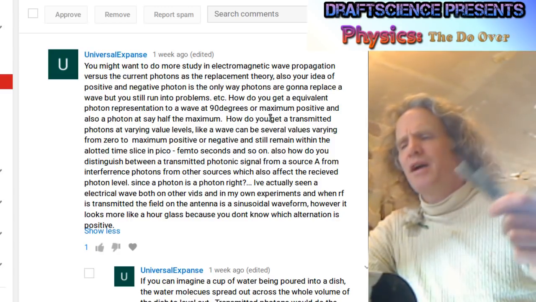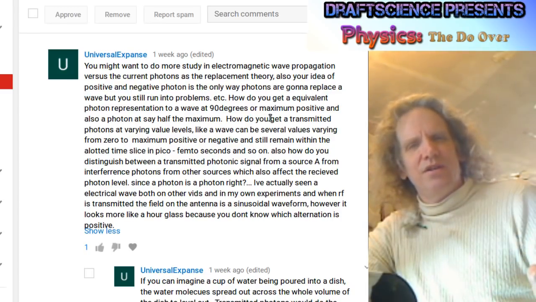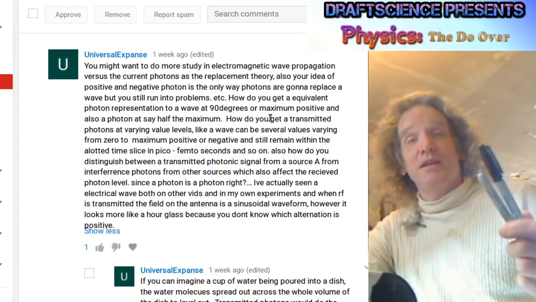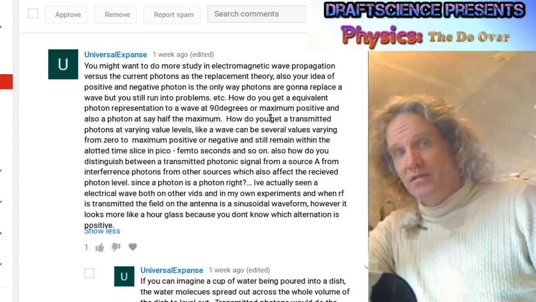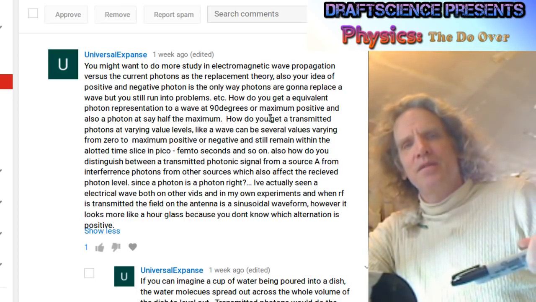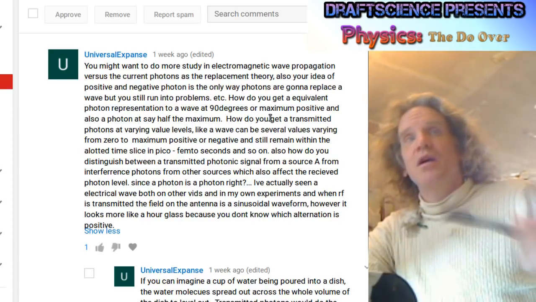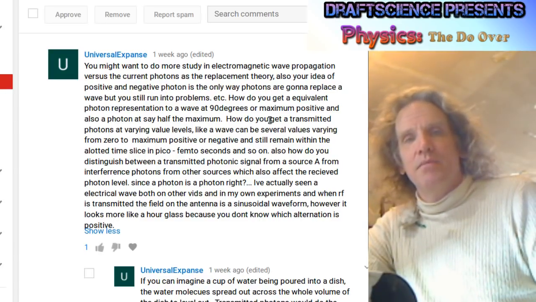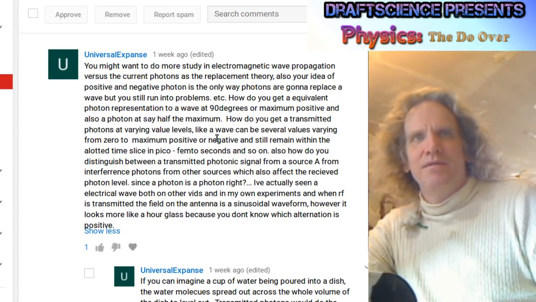If you're asking how I explain why ultraviolet light has more energy than infrared light, my argument would be that it's because it's more bullets and they're coming at a faster rate. That's the reason why they have different effects, but their total energy is no different. The individual bullets have no difference in momentum. How do you get a transmitted photon at varying value levels?